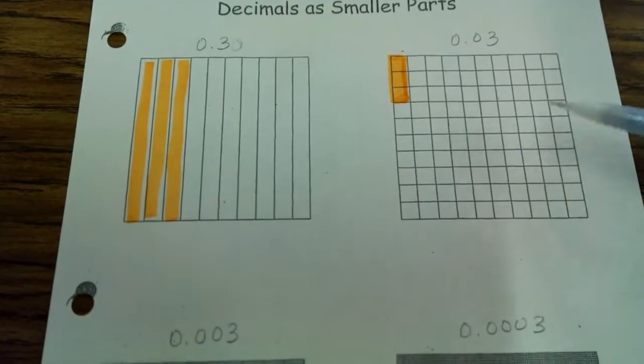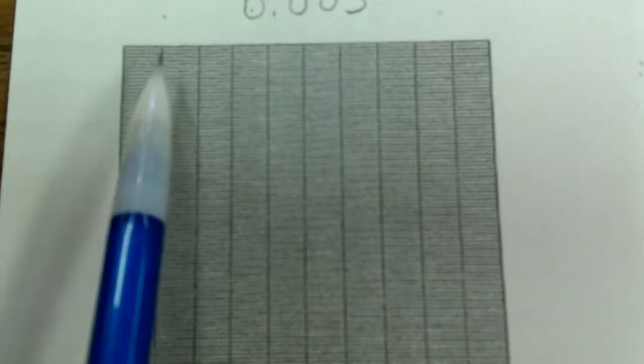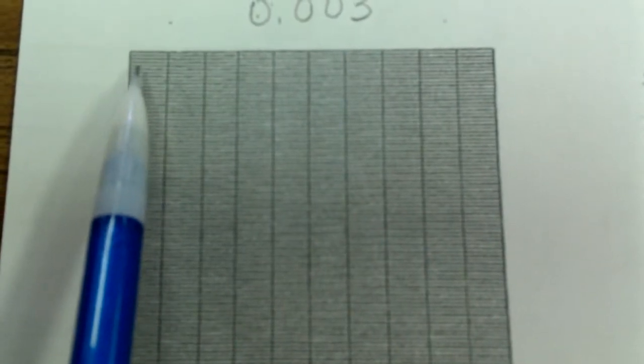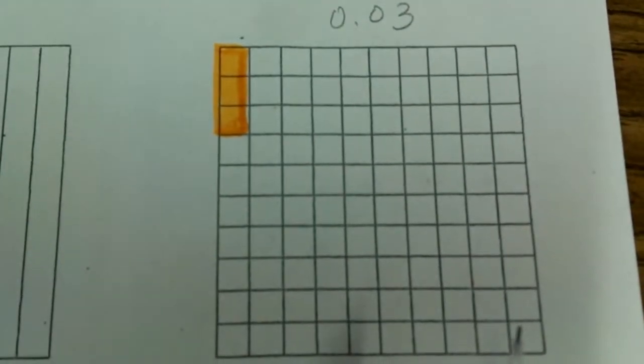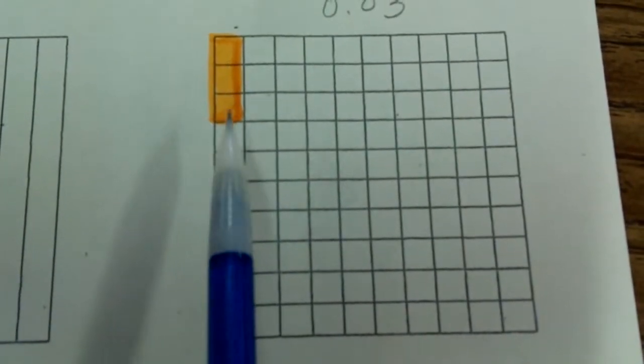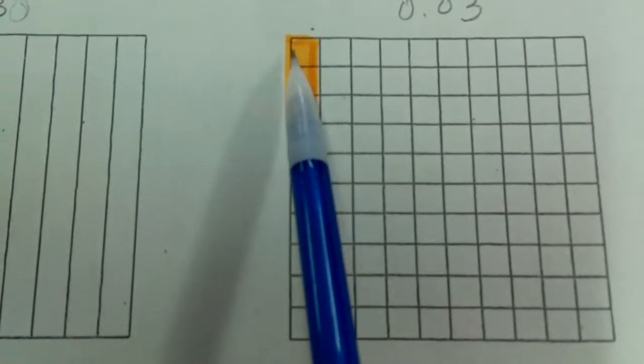Now, what if I had to go from 100 to 1,000? Now this, let's see if I can zoom in. There are 1,000 little pieces here. They're going this way. Okay. So how do I go from hundreds, if my candy bar is broken into hundreds, but I really want to break it into 1,000 pieces, what would I have to do to each of these pieces to make it 1,000 pieces like this? Well, we would have to break each one of these into 10 more pieces.